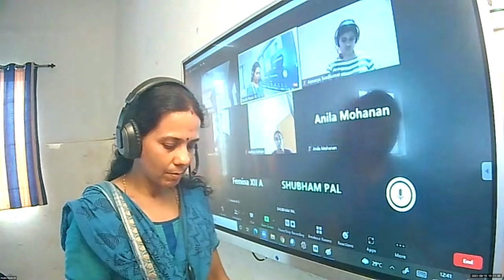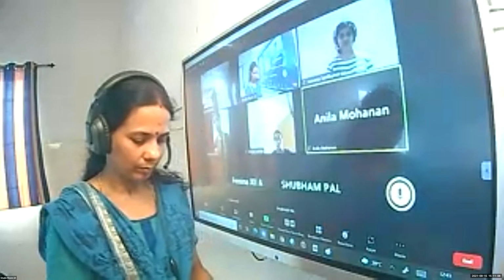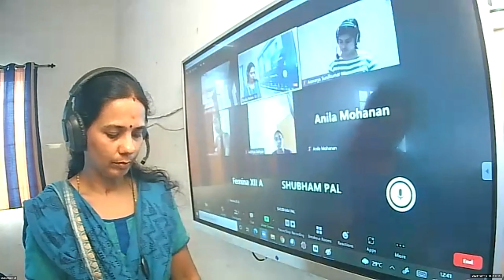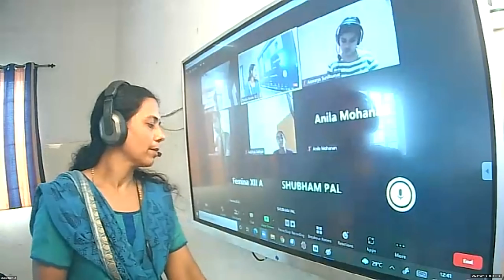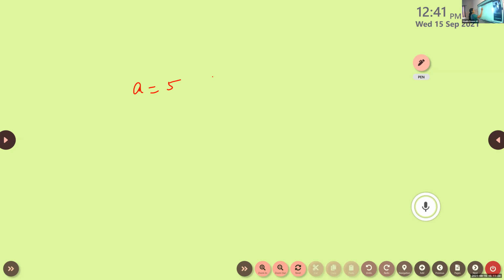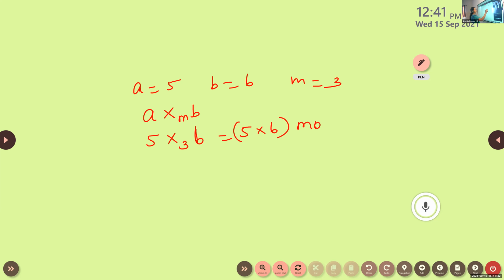The next is multiplication modulo. The method is the same. Write the question. A is 5, B is 6, m is 3. How will you do A multiplication modulo B? So here 5 multiplication modulo 6. That means what you have to do? 5 into 6 mod 3.